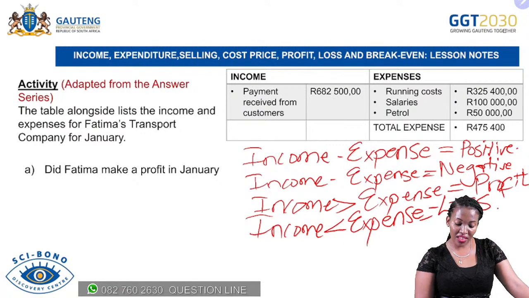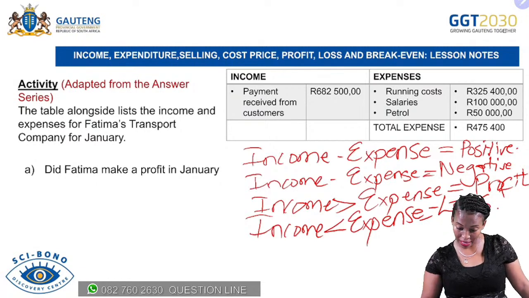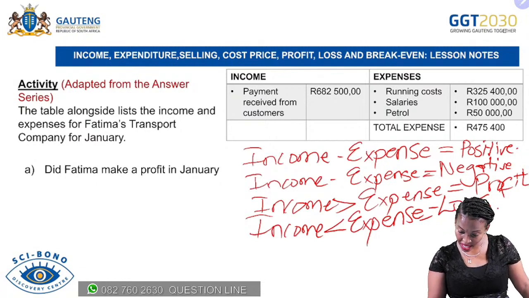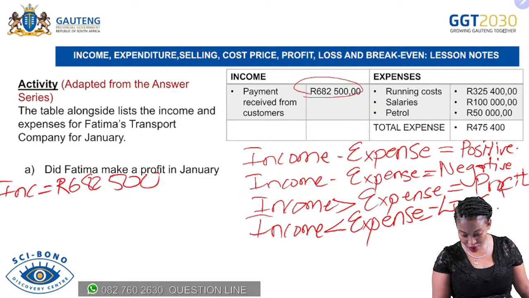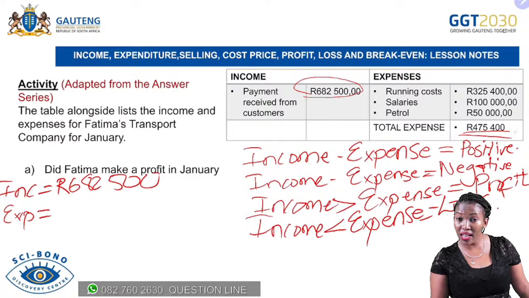So now to answer this question, did Fatima make profit in January? Let us look at her income. Her income is 682,500. Let me write it here. Her income, it is 682,500. And then what was her expenses in January? Her expenses in January is this one, guys. We've already done it.